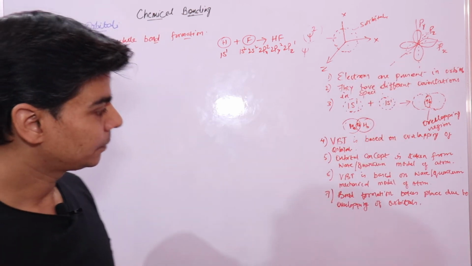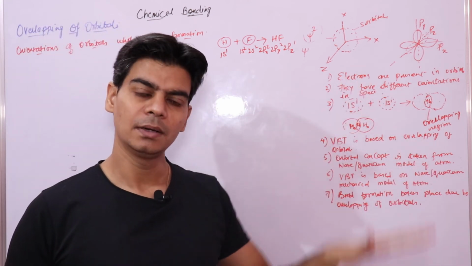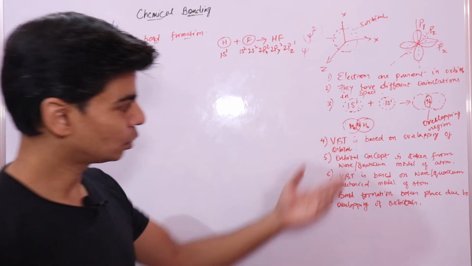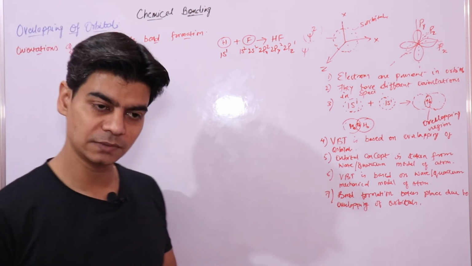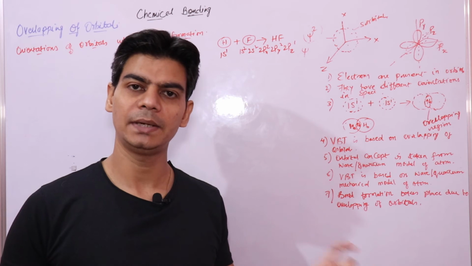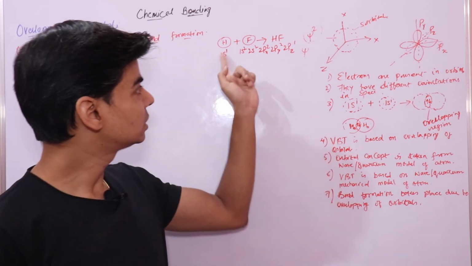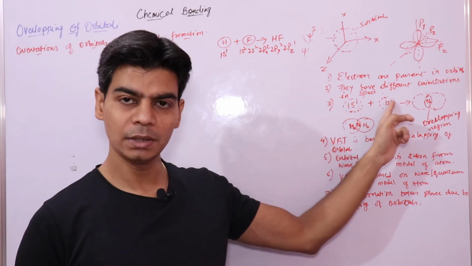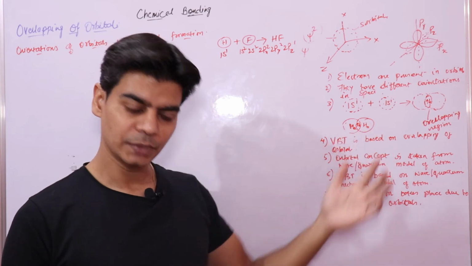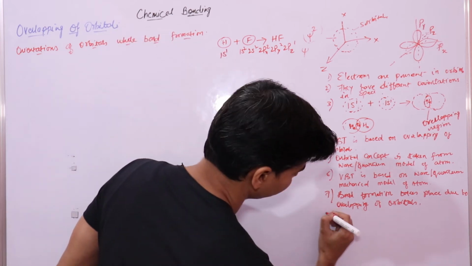And one important thing is that bond formation will result only when half-filled orbitals interact. Bond formation takes place due to overlapping of half-filled orbitals only, because as per Pauli's exclusion principle, an orbital can contain a maximum of 2 electrons. So when this kind of bond is forming, the orbitals that are interacting are half-filled orbitals.